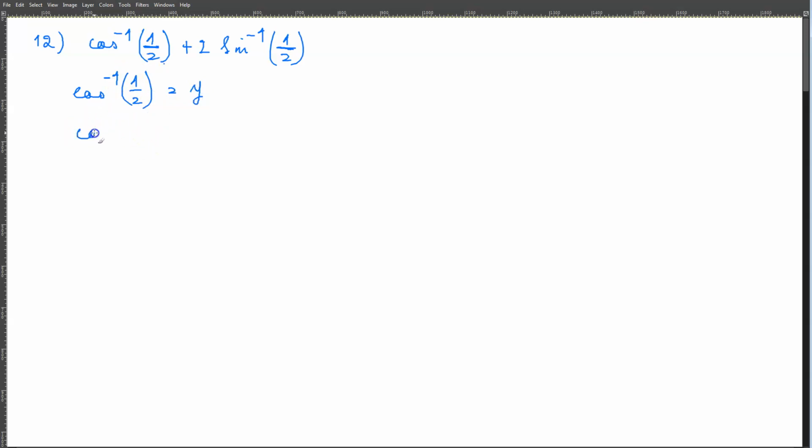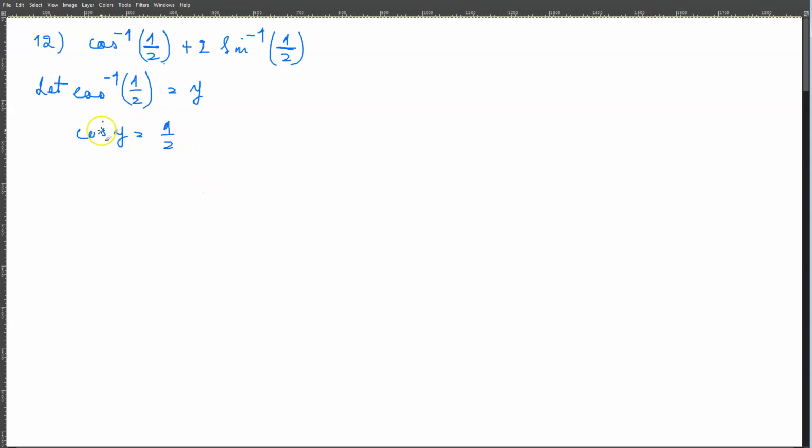Okay, so the next question is question number 12, which is basically the cos inverse of 1/2 plus 2 times sine inverse of 1/2, right? So the cos inverse of 1/2, if I set this equal to y, that means that the cos of y is equal to 1/2.